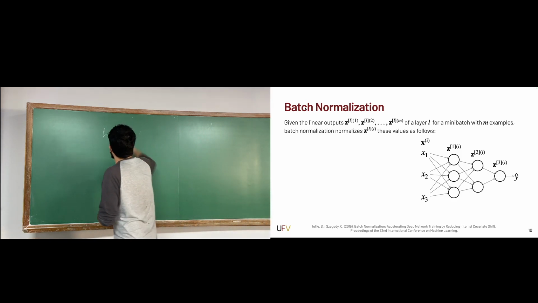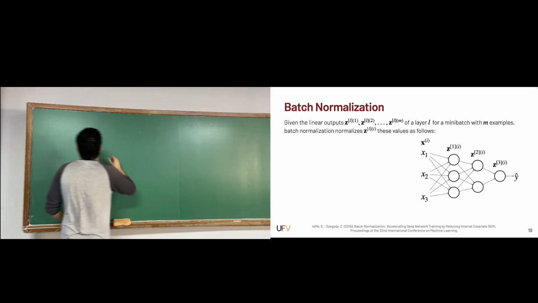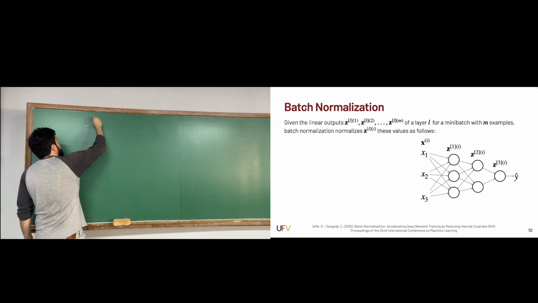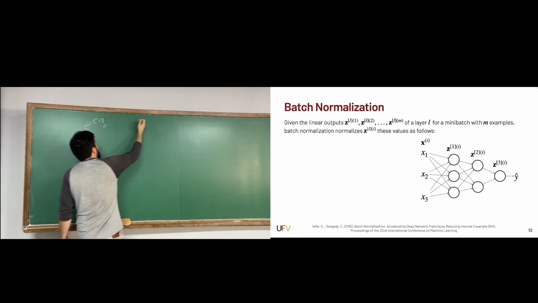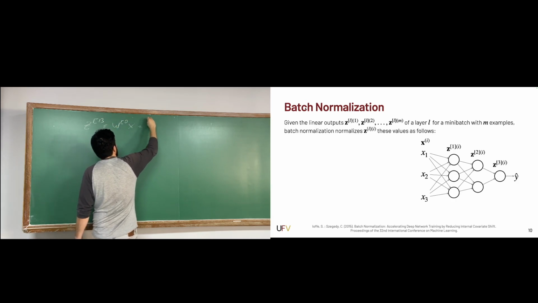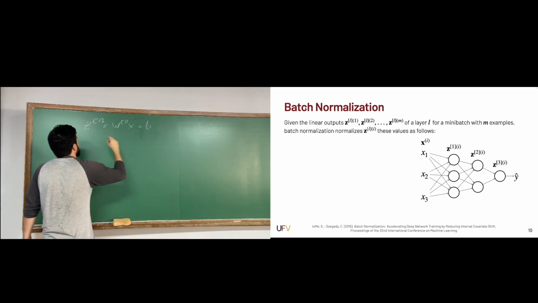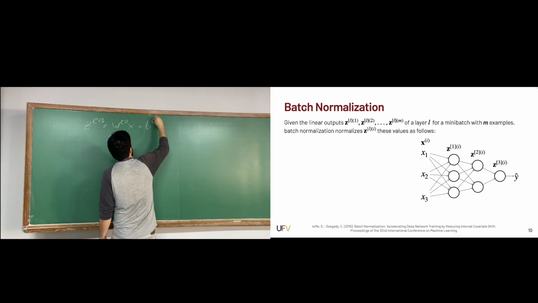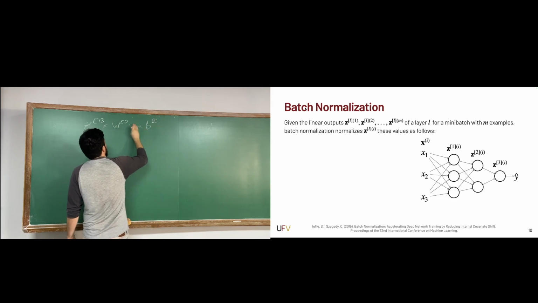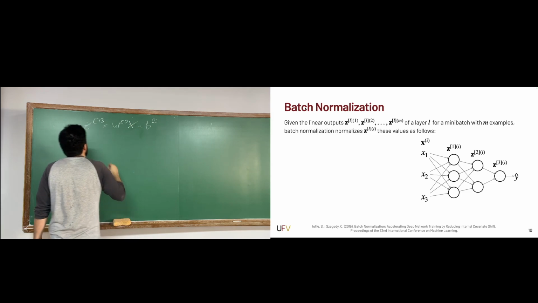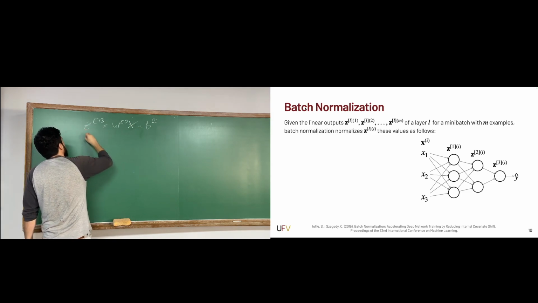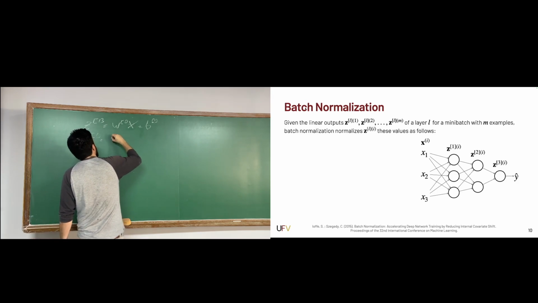Let's keep these equations on the board because that might help us. In a neural network, we normally have something like this: the Z of layer 1 is W1 X plus B. Let's say this should be a vector, and this should be an X matrix. And then we have activation 1, which is G of Z1.